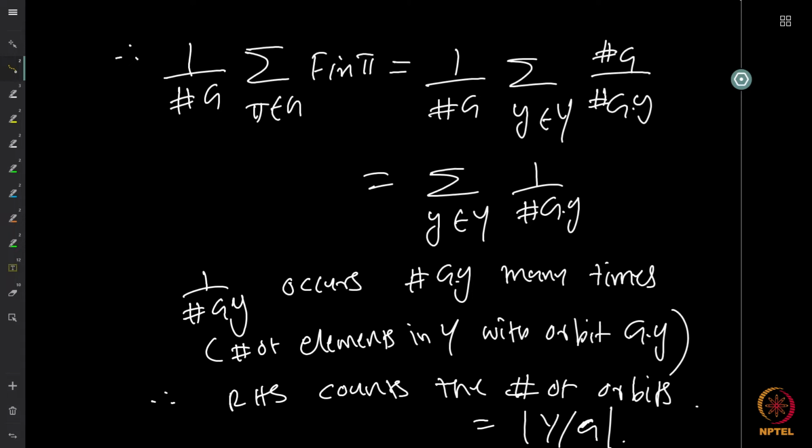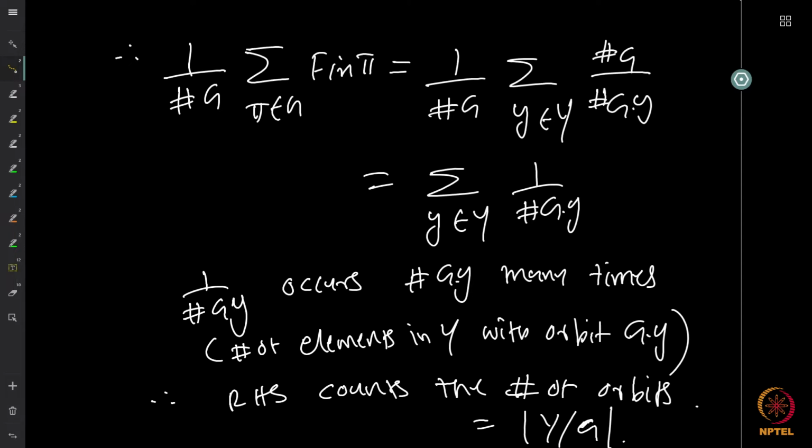Now how many times does this particular term occur in this sum? For every element in the orbit of y, the corresponding term will be 1 by cardinality of Gy, because elements in the orbit stay together. Under the action of the group, the elements in that orbit are taken to other elements in the same orbit. It doesn't go out of it.